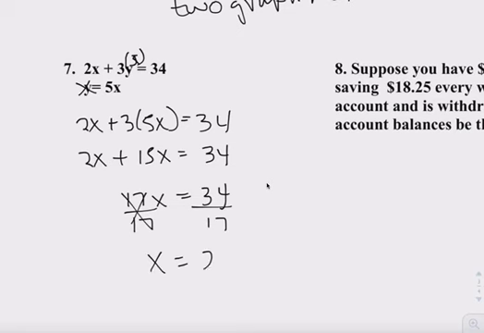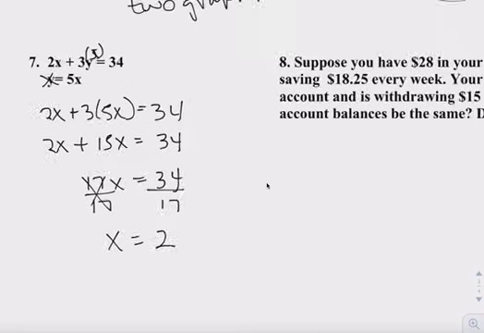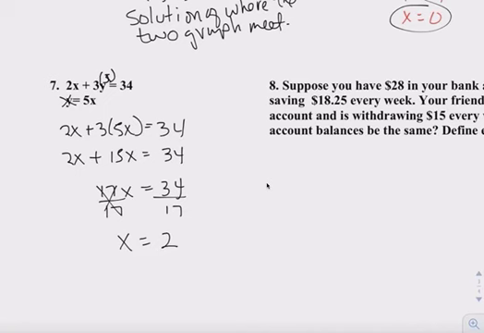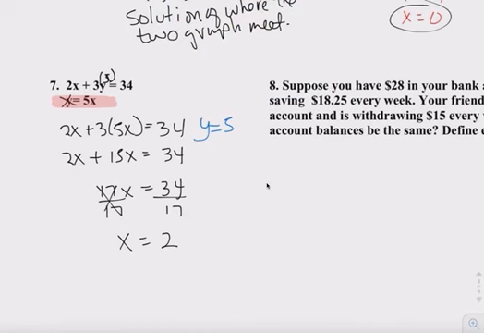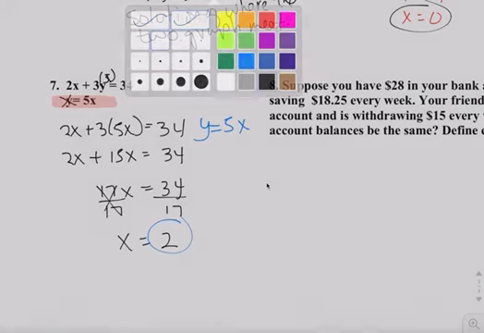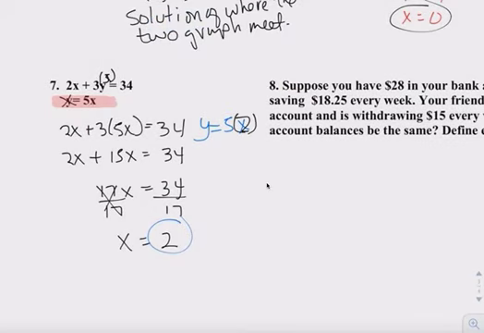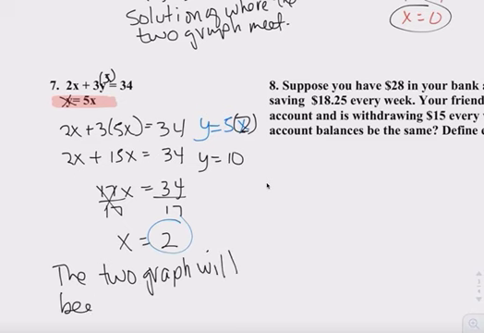X equals 2. Now if x equals 2, I would definitely choose y equals 5x. Substitute where the 2 is. Y is 10. So the two graphs will meet at 2, 10.